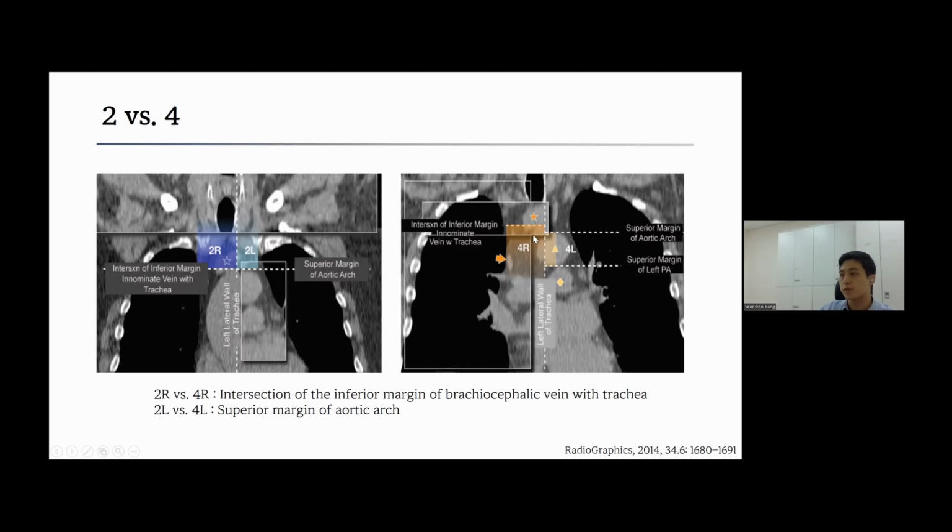So this level. And the boundary between 2L and 4L is the superior margin of the aortic arch. So this level. You should keep in mind this order to report FDG PET in lung cancer staging patients accurately and consistently.